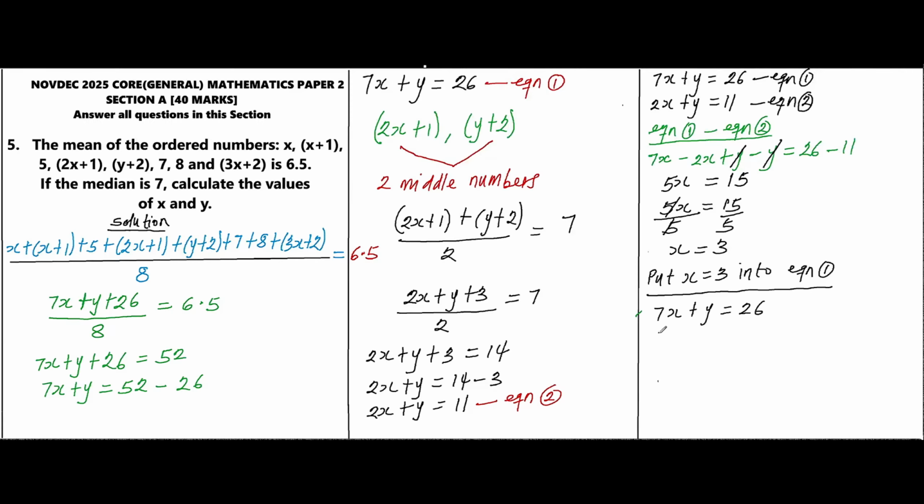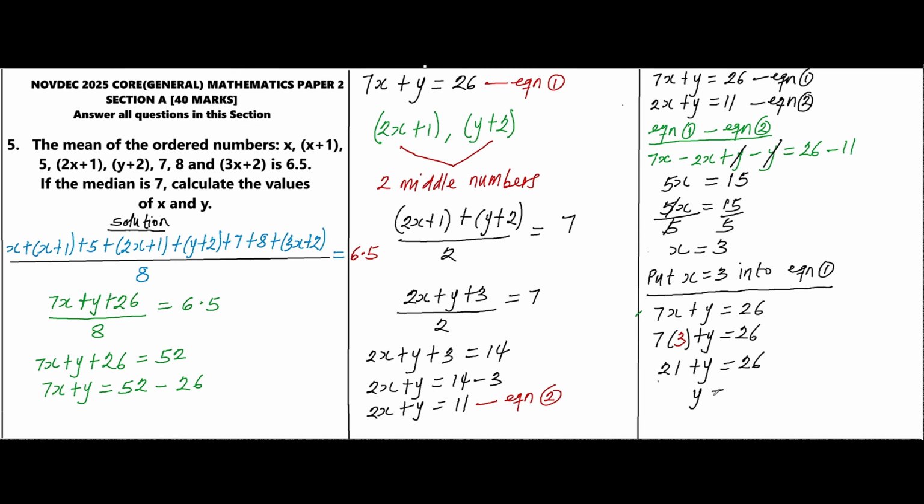Anywhere we see x, we just have to substitute 3. 7 times 3, 21, plus y is equal to 26.